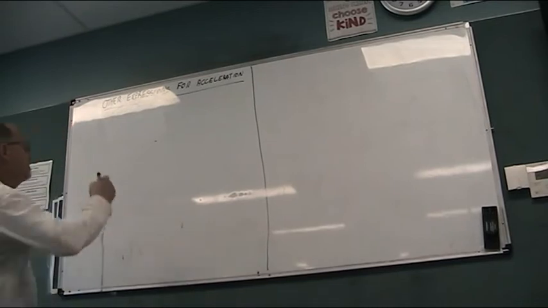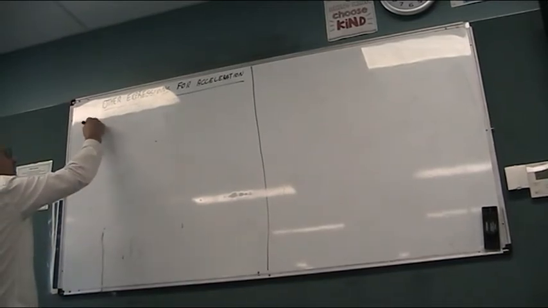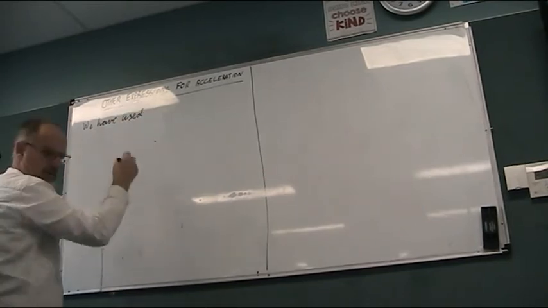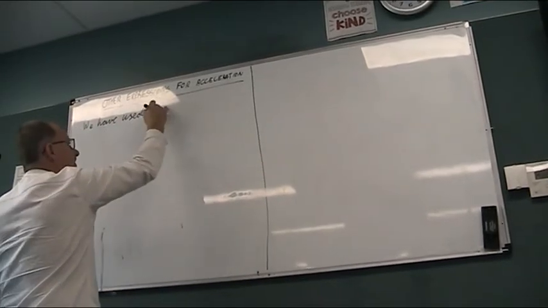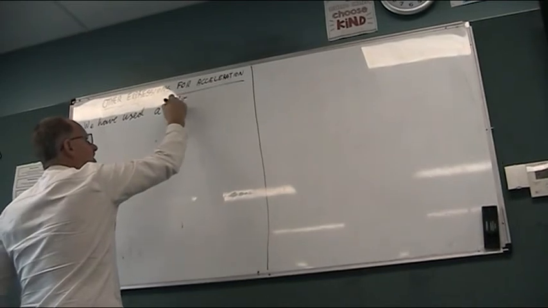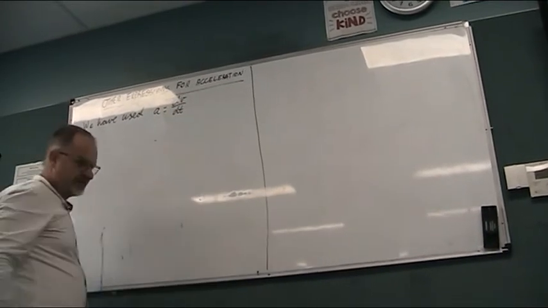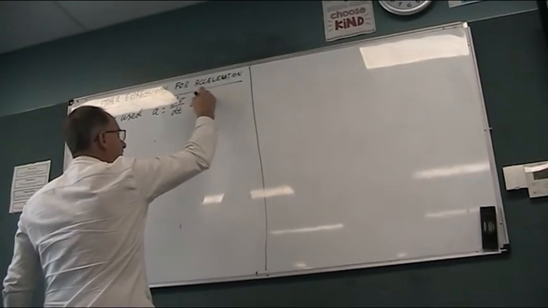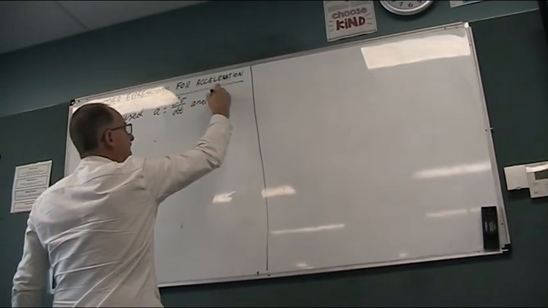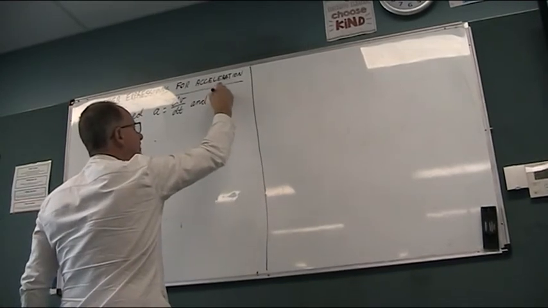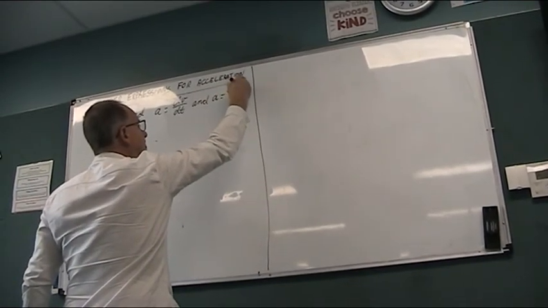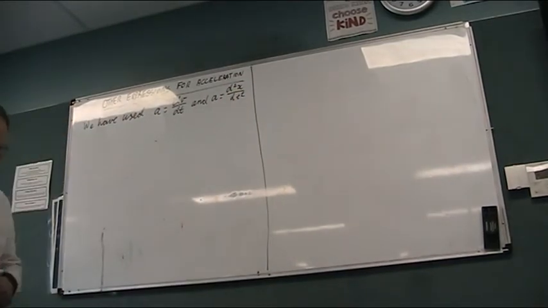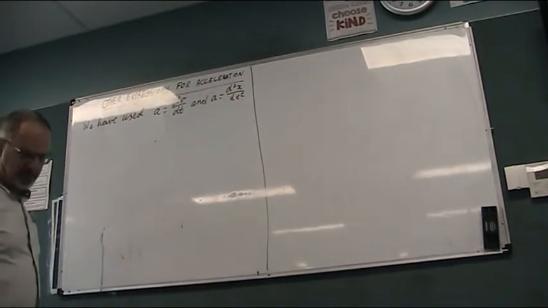So we've used the following: that acceleration is dv/dt, the rate of change of velocity with time, and also that acceleration is the second derivative of the change in position with time.